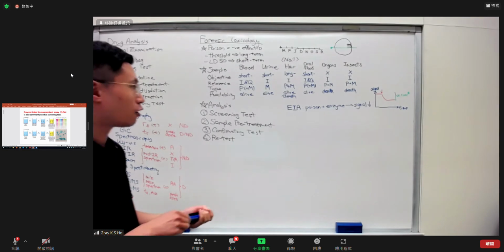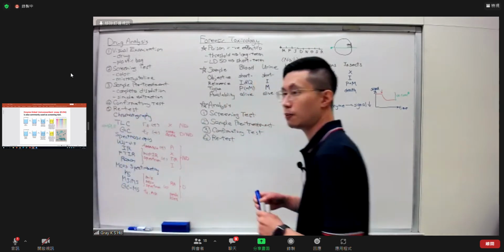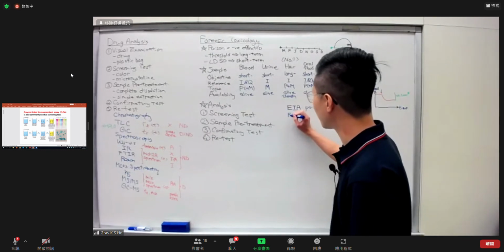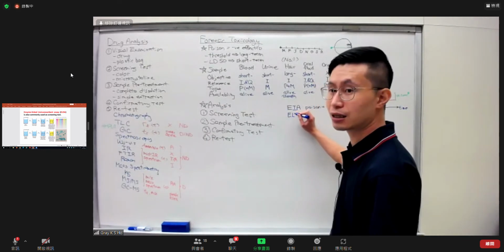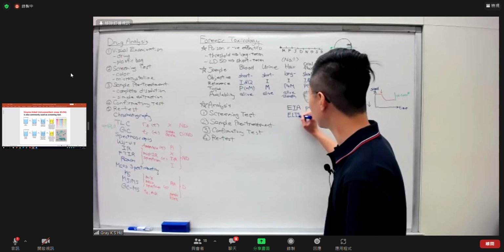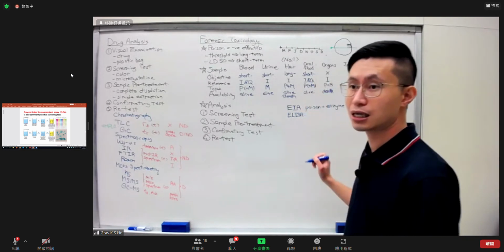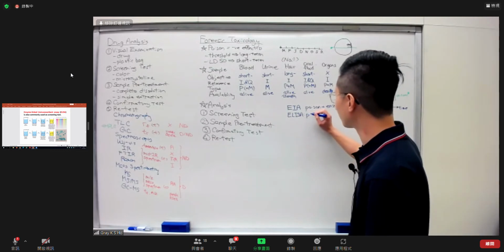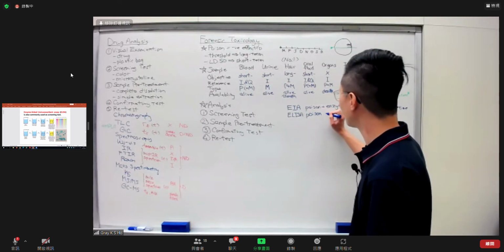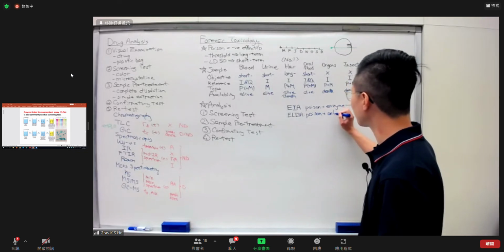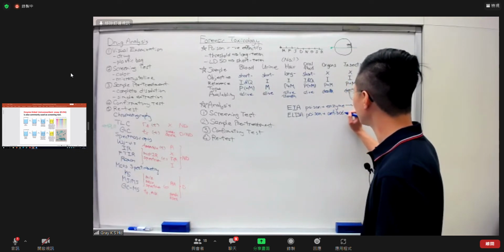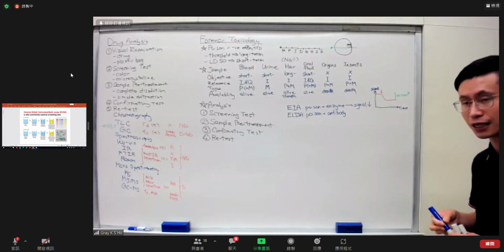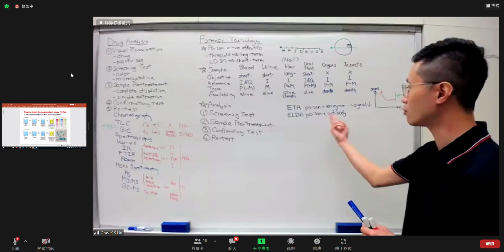The other form is where we make use of the antibody as the bioreceptor. That is the ELISA, enzyme linked immunosorbent assay. For the ELISA, now we have the poison and the bioreceptor that we are using, that is an antibody. Once the antibody senses the targeting poison, they will combine.